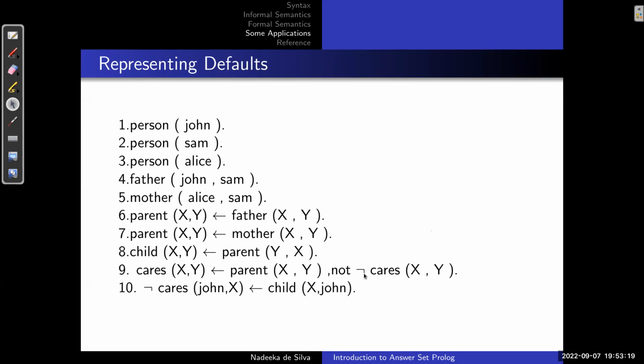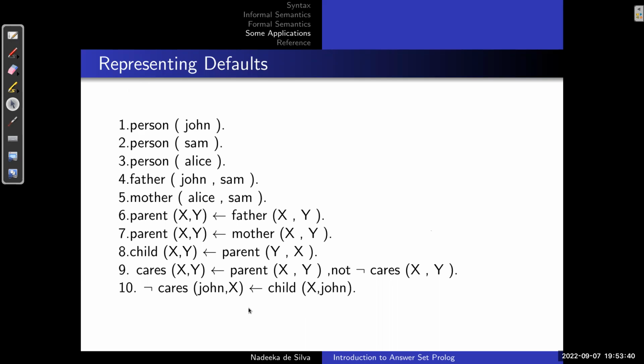Take a rule like 9. Now if I ask this program whether John cares about Sam, it will answer no. But if I include another pair of parents and their child, and I ask whether those parents care about their children, it will answer yes.